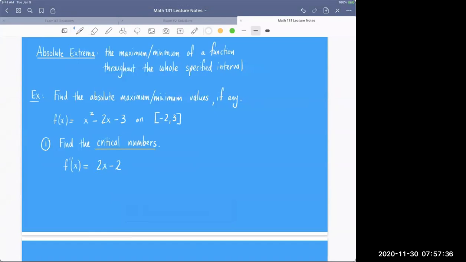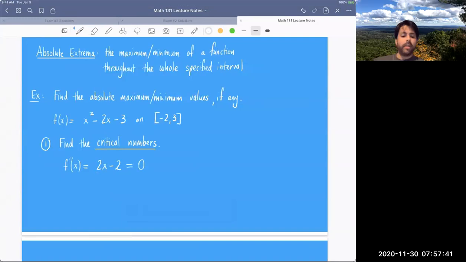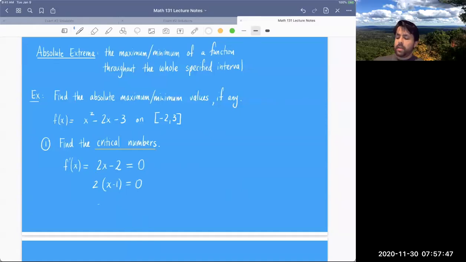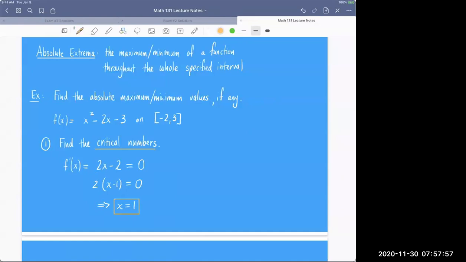You first have to set it equal to 0, and then solve, right? And then you can factor, and you get x minus 1 is 0, which means that x equals 1. So I only have one critical number here, right?